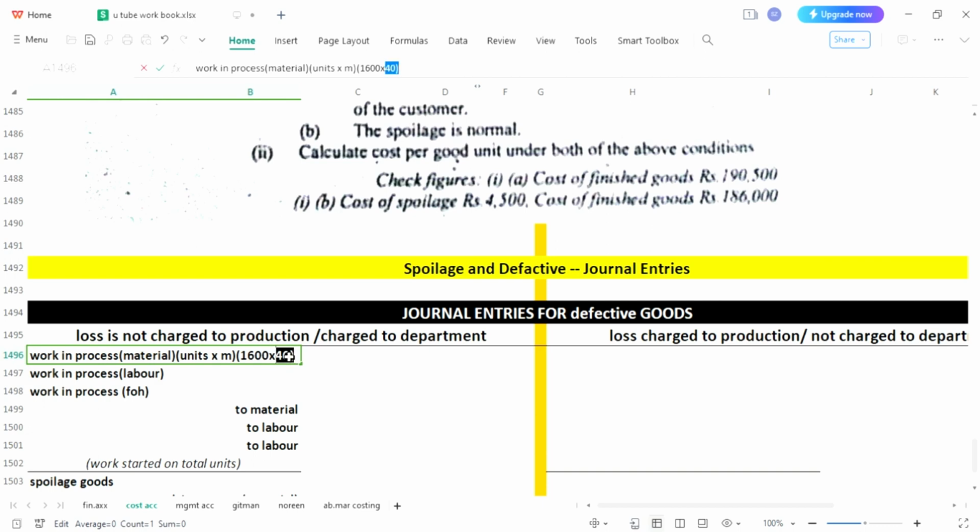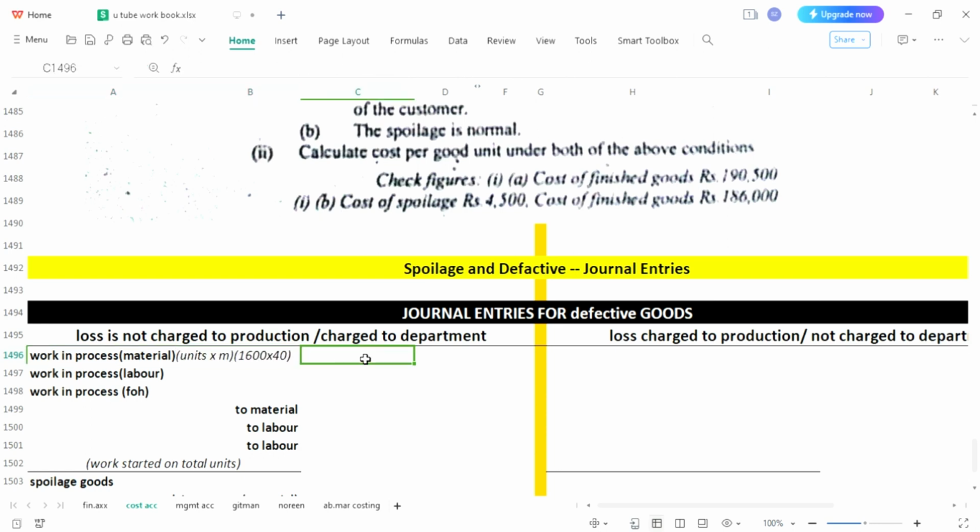In this way your first calculation has been completed. Actually this is not part of your journal entry. Just to make you understand, I am writing everything in front of the journal entry. Alright, the statement was completed. It's time to calculate. 1600 would be multiplied by 40 to get the work in process material amount.